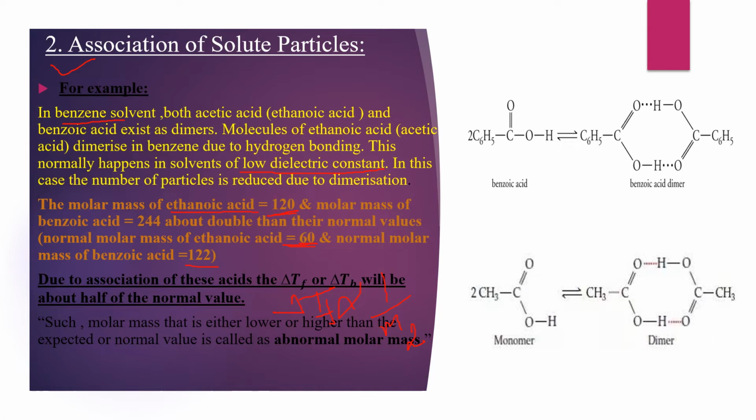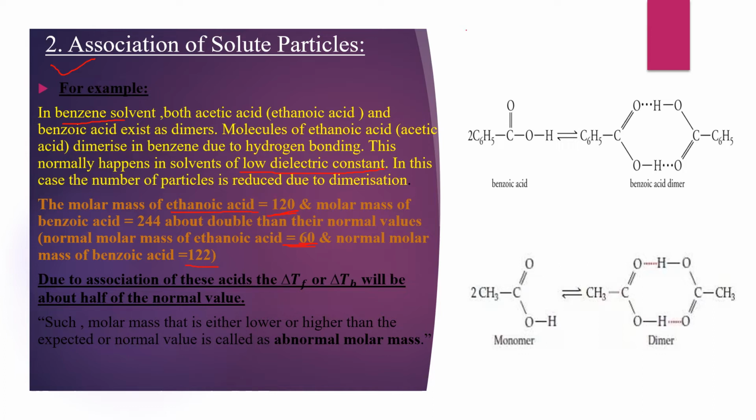So from those formulas, we can conclude that any of the colligative properties, be it relative lowering in vapor pressure, elevation in boiling point, depression in freezing point, or osmotic pressure, are all inversely proportional to molar mass. As the molar mass increases due to association of the solute particles in the solvent, the colligative property will decrease.